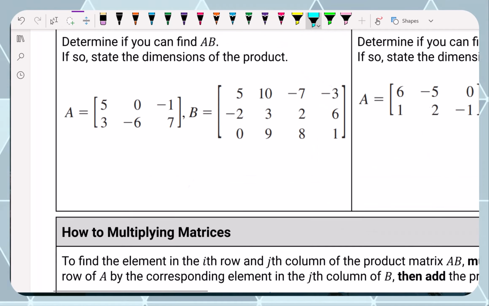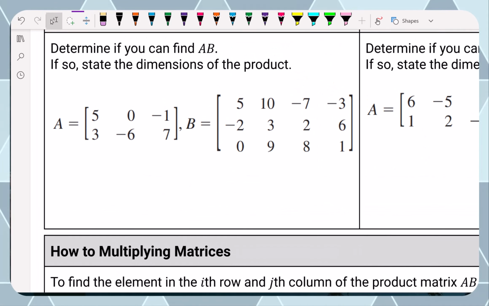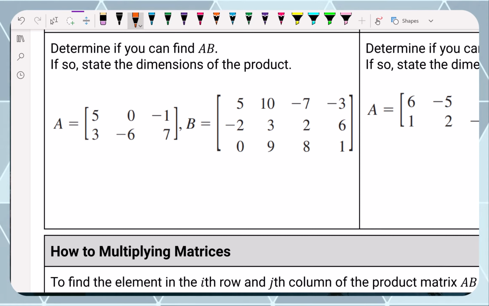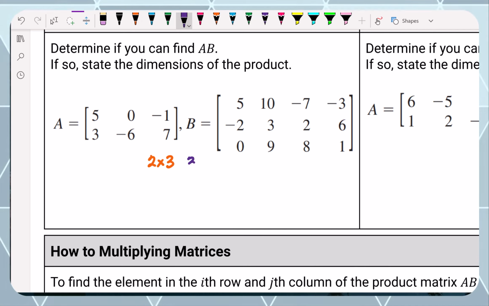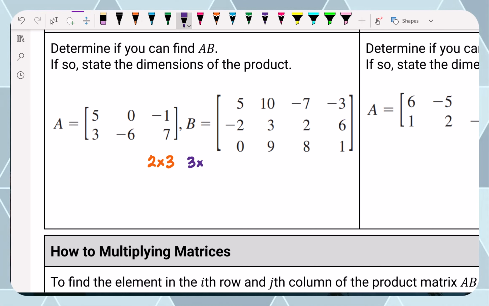Like I said before, it's easier for you to do an example and you'll see it in work instead of me just talking at you. If you look at this first matrix right here, I am going to write down the dimensions. It's got 2 rows and 3 columns. For B, right next to it, I'm going to change colors. This one has 3 rows and it has 4 columns.